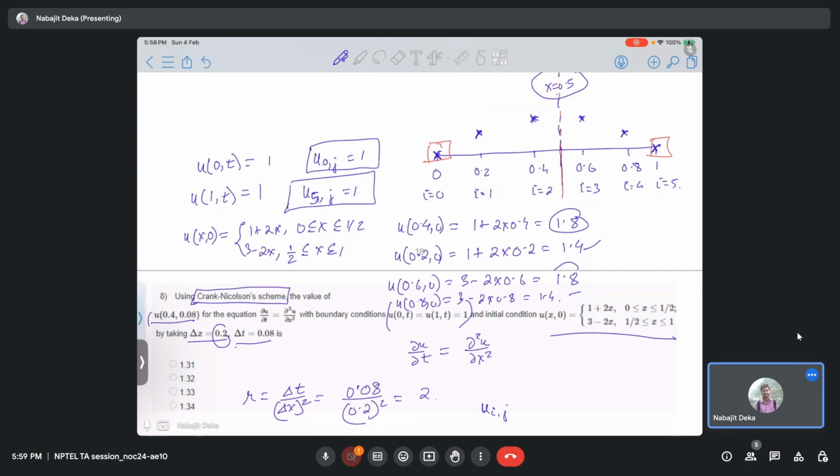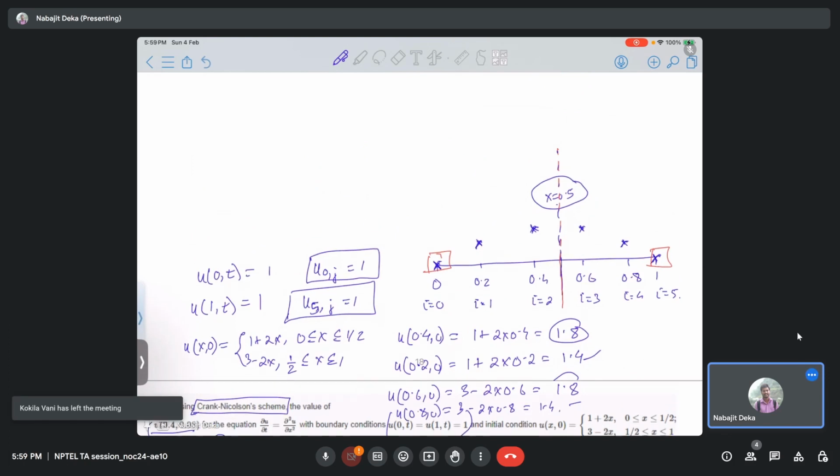These two only decide how the profile will be generated in further times. So one thing we can now say is that u will be symmetric at subsequent times.